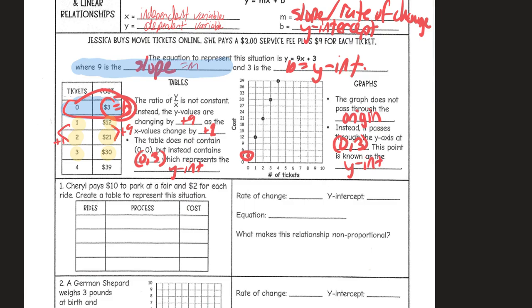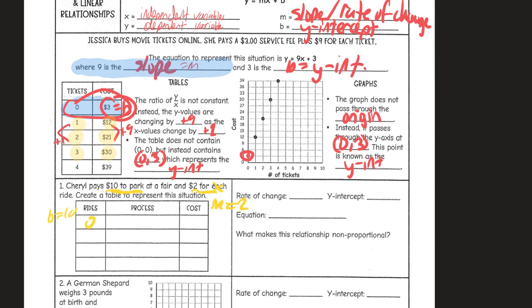So Cheryl pays $10 to park a car and $2 for each ride. Create a table to represent the situation. Well, she has to pay $10 just to park and then 2 for each. Remember, each means x. So in this case, m is 2, b is 10.